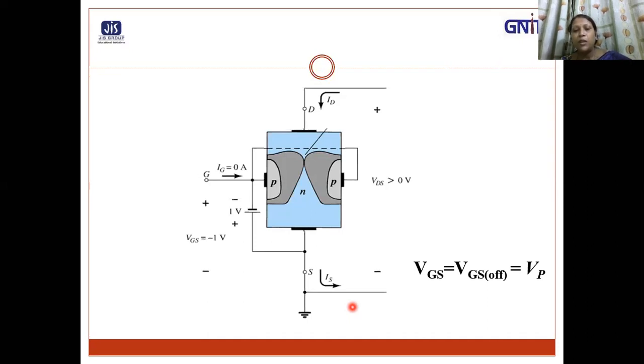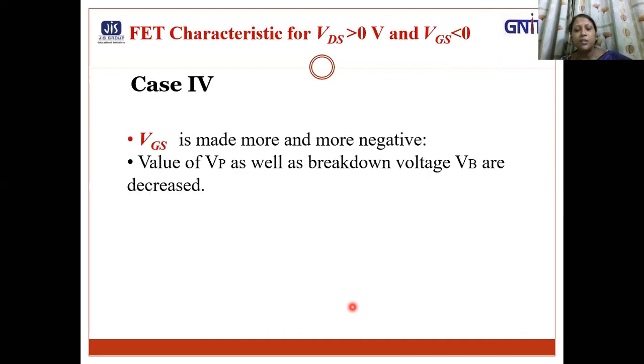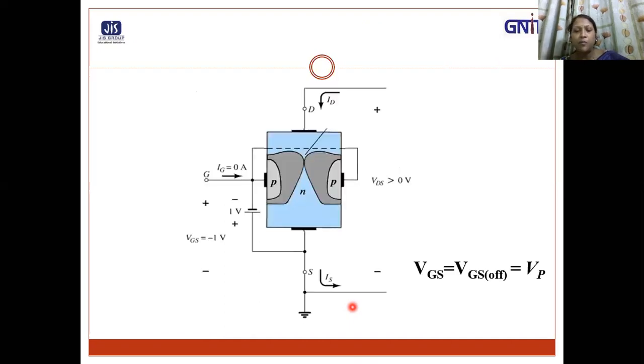And moving to the next slide, this is case 4, when VGS is negative but VDS is increased. The same thing is happening here. VGS is more and more negative, but VDS is increased as shown in the previous diagram also.